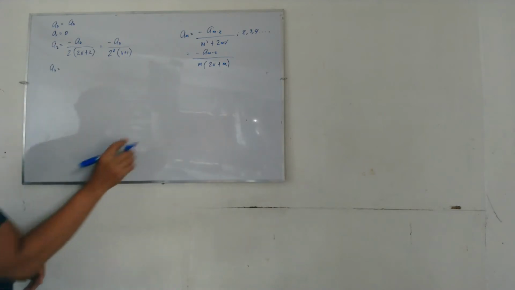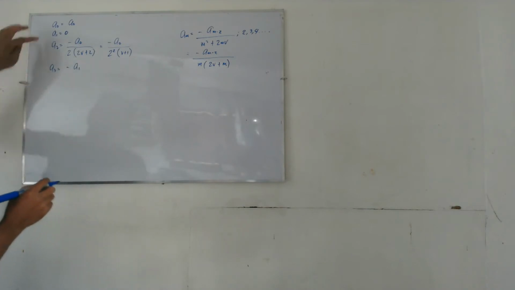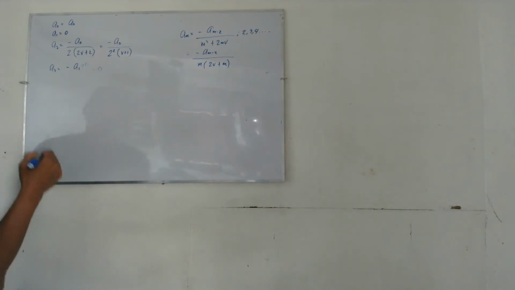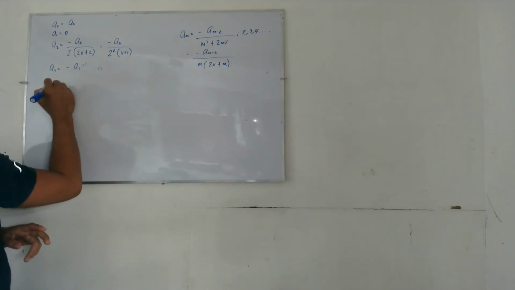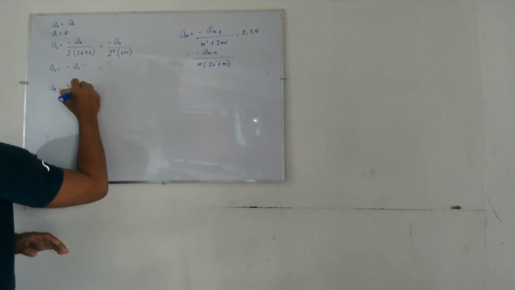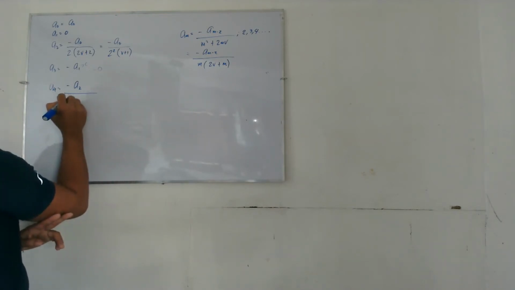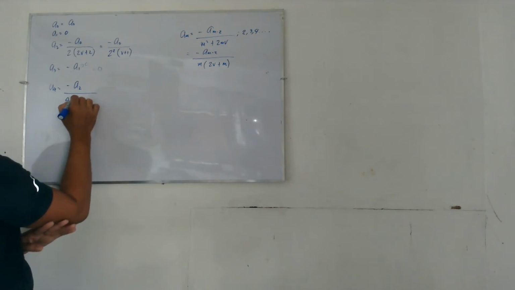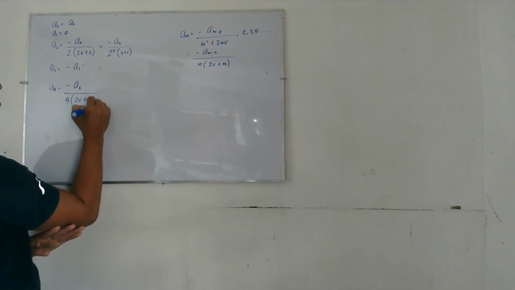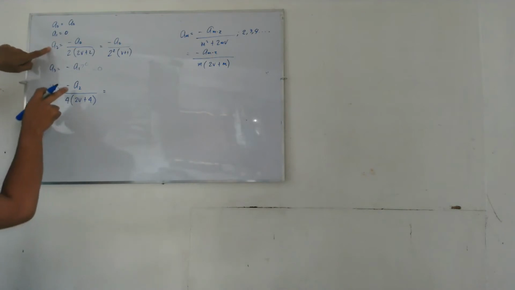A3, this becomes negative A1. We know that A1 is 0, so A3 is equal to 0. A4 is negative A2 over 4 times 2b plus 4, right?